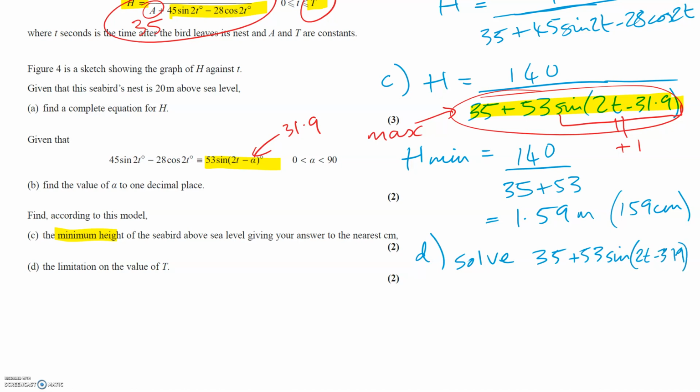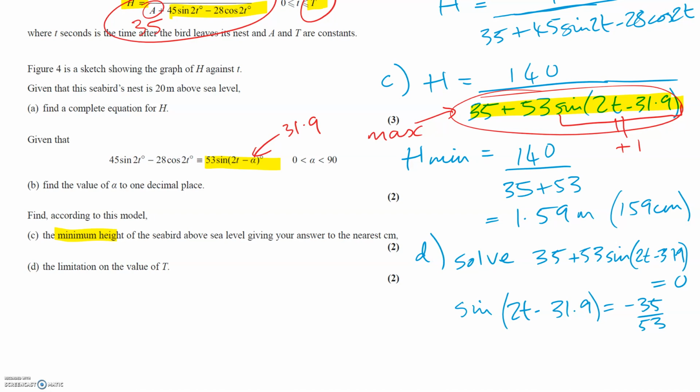We want to solve that equal to 0 because we want to find where the denominator equals 0. So if we do that, you can rearrange this. So we've got sine (2t minus 31.9) equals minus 35 over 53.